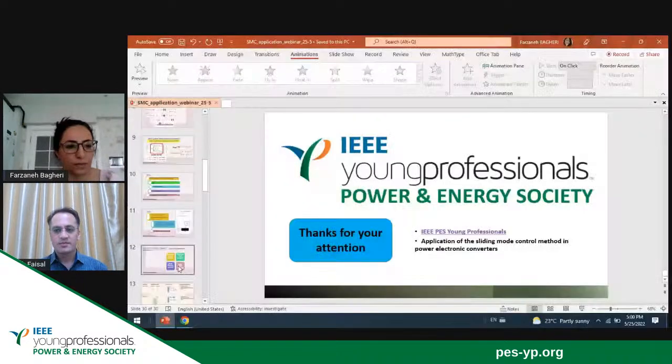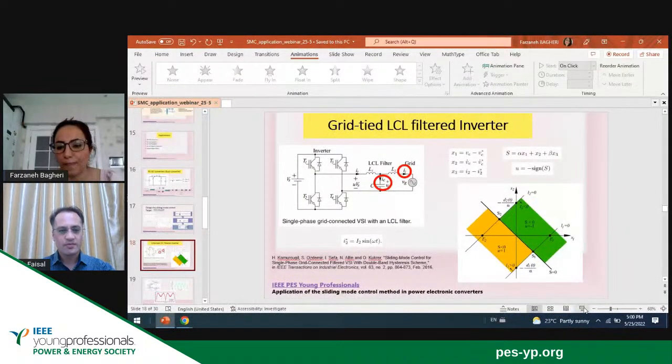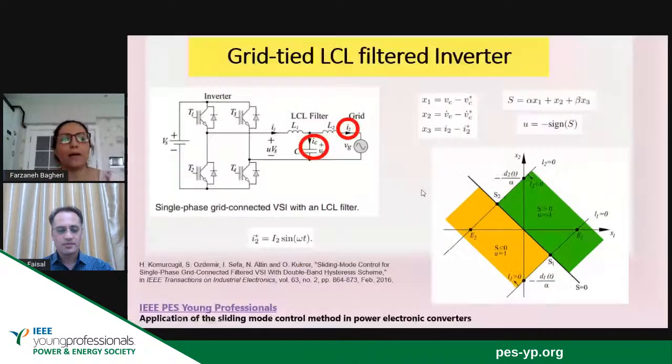So let me open my file and talk about the optimization of conventional mode control. Here, we can call this paper a kind of optimization method for the conventional sliding mode control method.